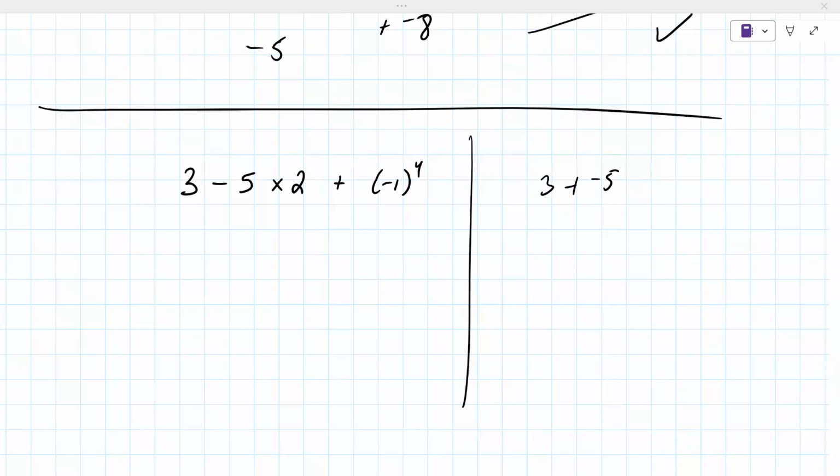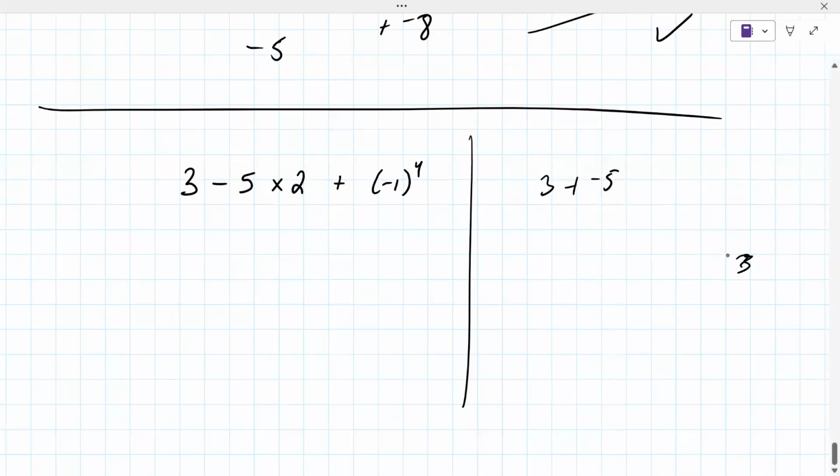So -10. Okay, so 1 plus 10. Final answer is 3.